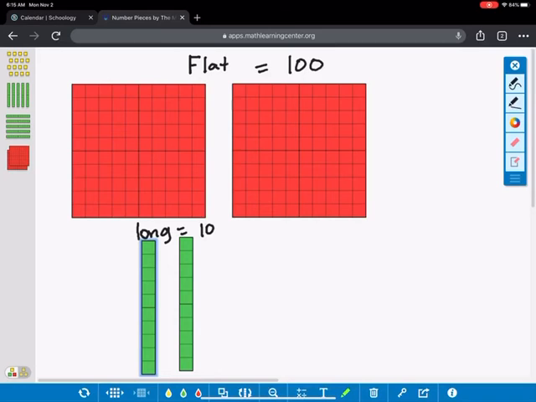Okay, so first I want you to start off by telling me, since there are 2 flats, what's my number? How many is in 2 flats? 200, right? 200 is the same thing as 2 flats.